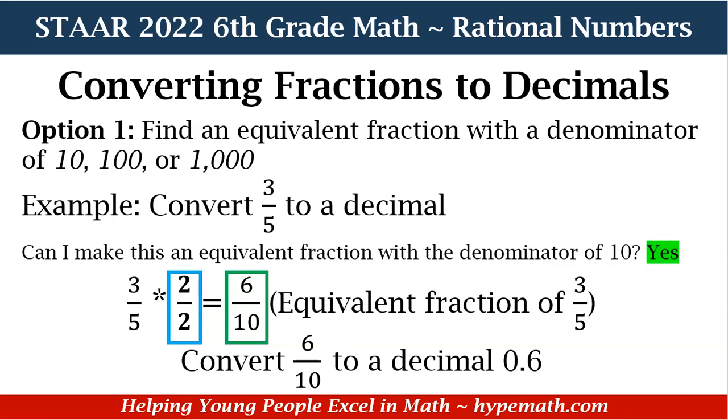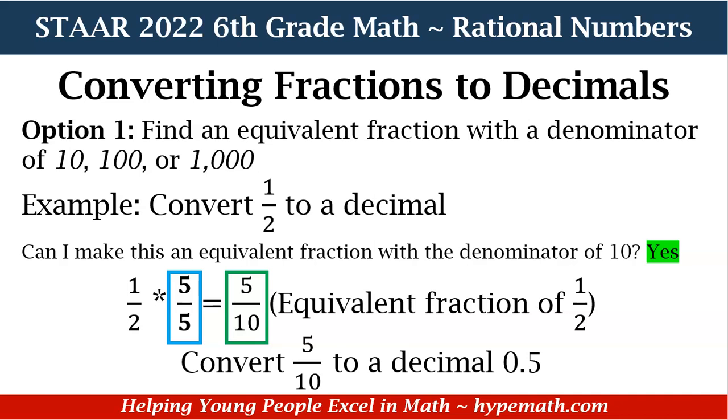Let's look at another example. We are going to convert 1/2 to a decimal. Again, the first thing we're going to ask ourselves is, is there a way we can make this an equivalent fraction with the denominator of 10, 100, or 1000? And the answer is yes. So how do we do that? We're going to look at our denominator and ask ourselves, what number can we multiply by 2 in order for it to be 10?